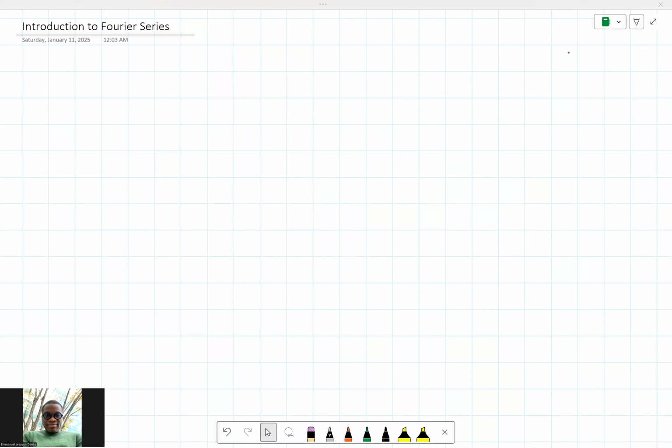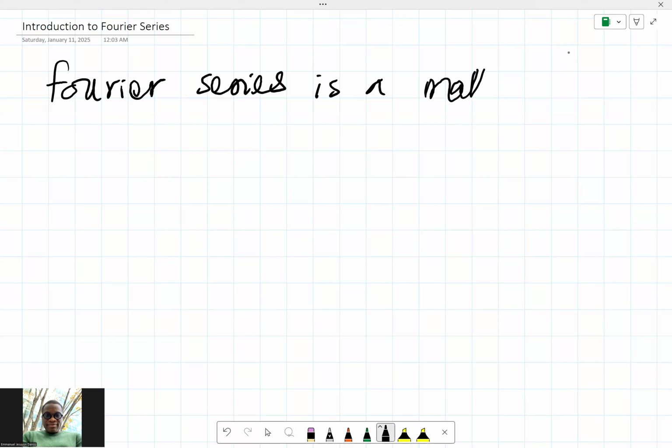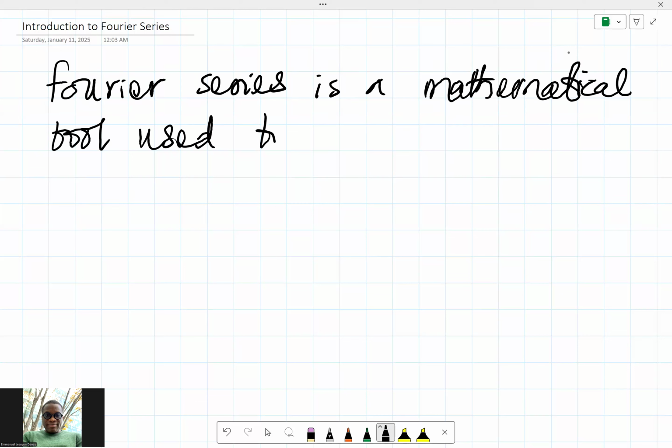Basically, Fourier series is a mathematical tool used to represent periodic functions.